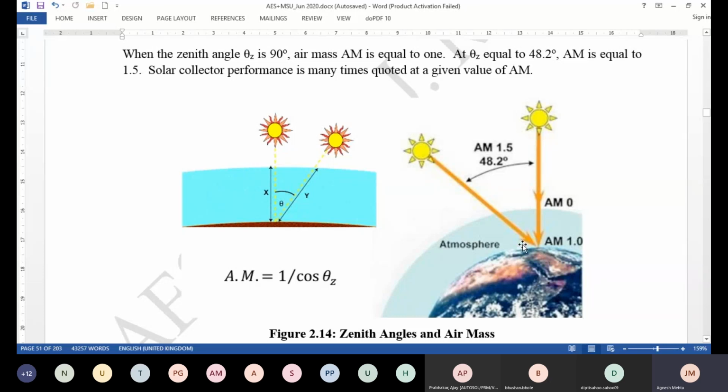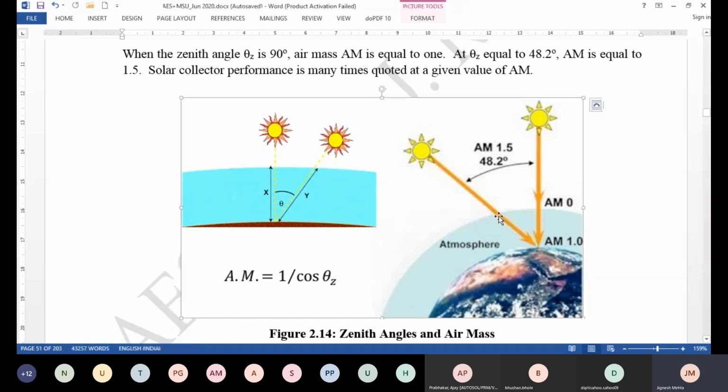What is important to observe here is that when the sun is overhead, the path that the sun ray has to travel inside the atmosphere is the least, the shortest path. And when the sun ray is coming at an angle, then the path is longer, right?